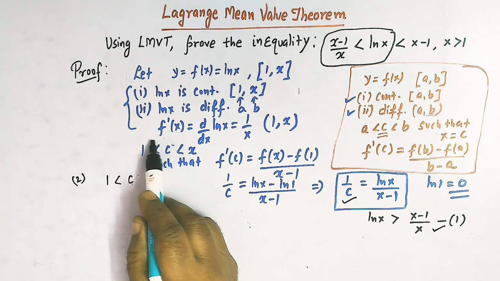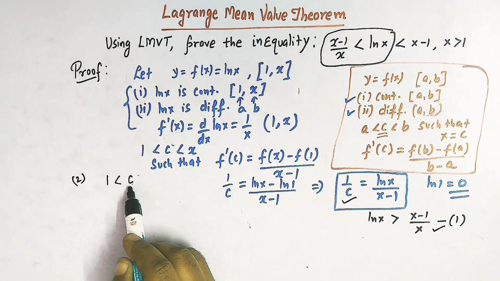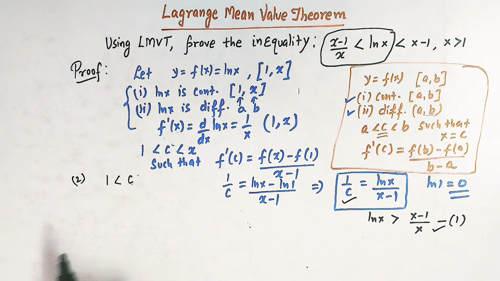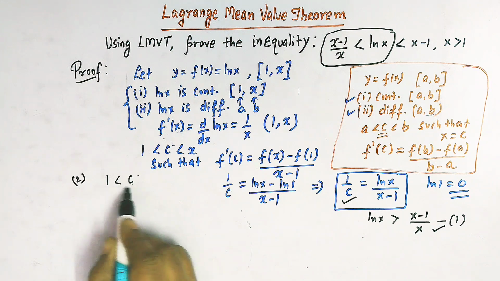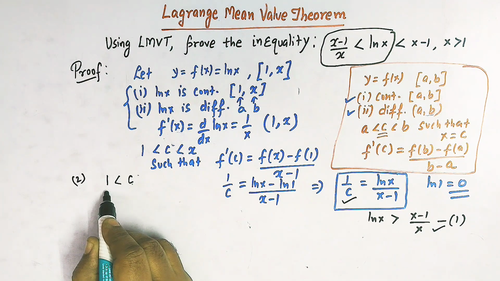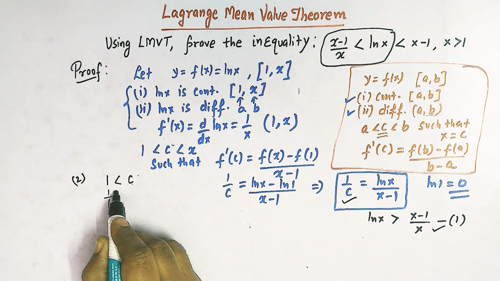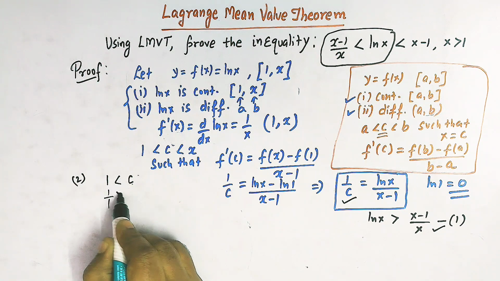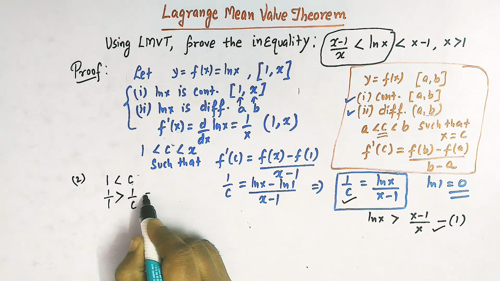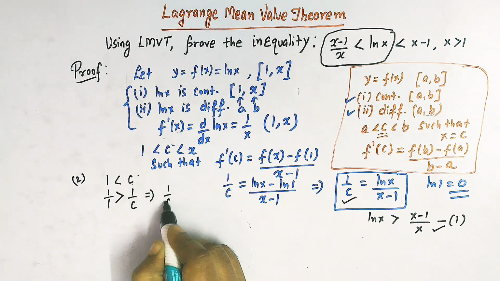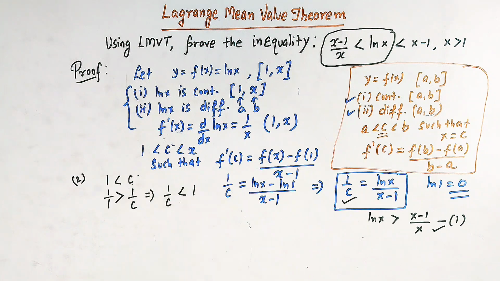Now we'll proceed from 1 less than c. So now we'll take the reciprocal of both sides, so we have 1 over 1, and the direction of the inequality gets reversed here. So we have 1 over c, which means 1 over c is less than 1.